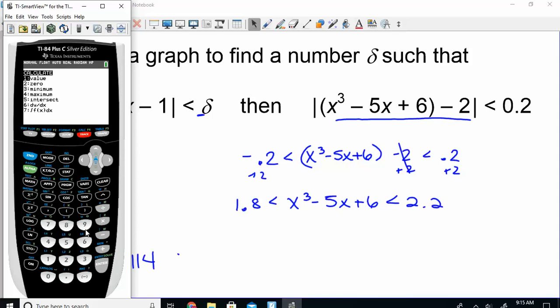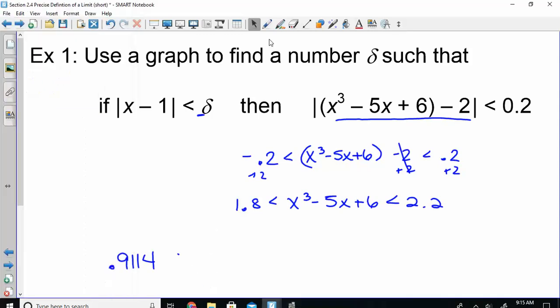If I want to find the biggest, we repeat that. So we go to second, trace, intersect again. First curve, we want the graph again. Second curve, it went to it automatically, the 1.8, and I want that first point there, and that's 1.1240.